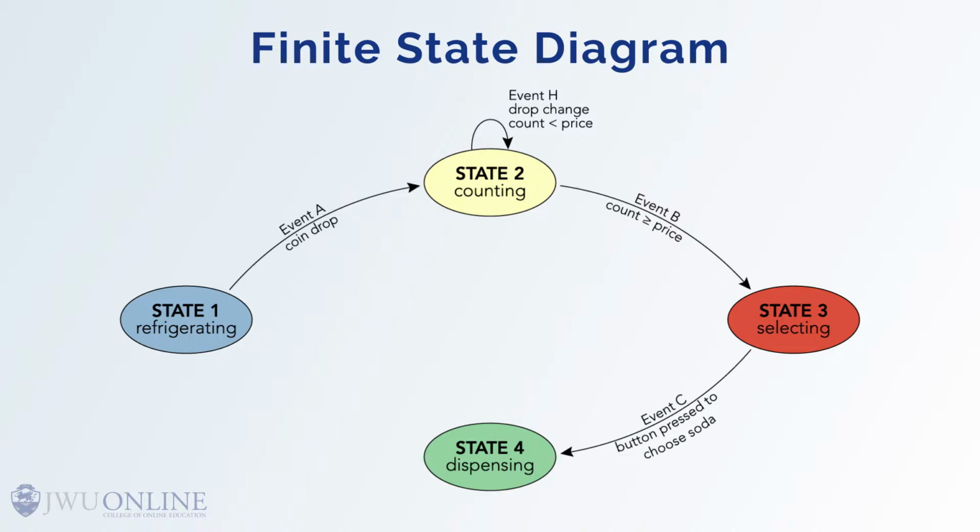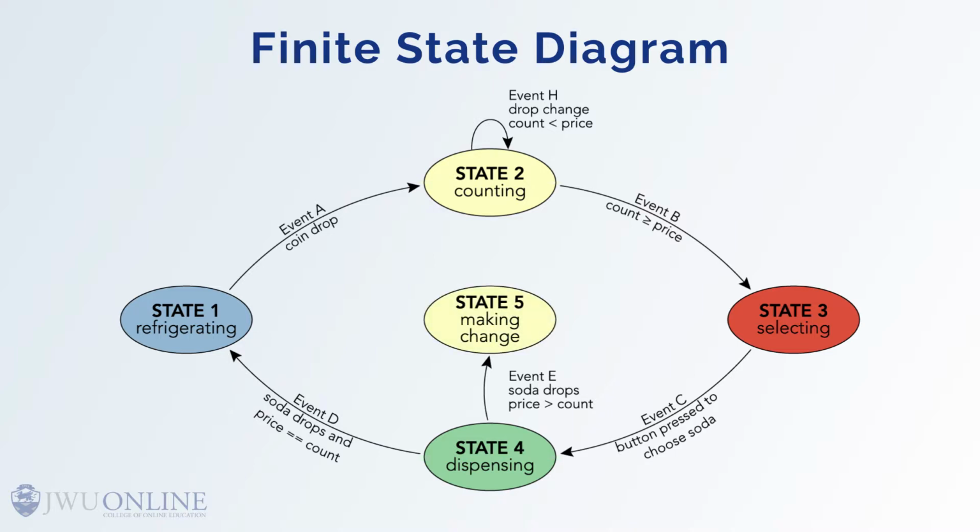In this state, the machine first checks to see if the count is equal to or greater than the price. If it's greater than the price, the machine drops the soda, then enters the making change state. In this state, the machine calculates the amount of change required, counts the coins, drops the change, and returns to the refrigerate state. Notice that this represents only the normal operation of the machine.